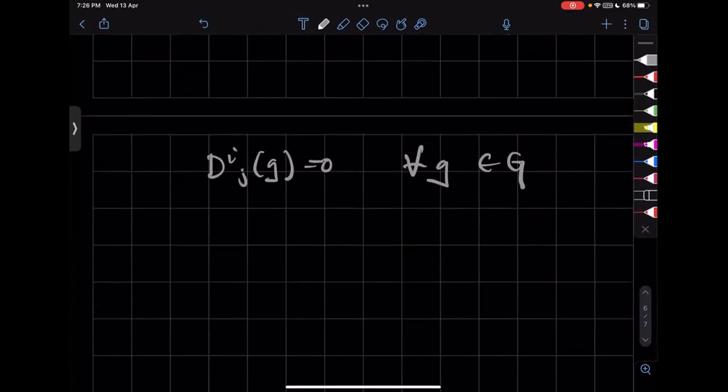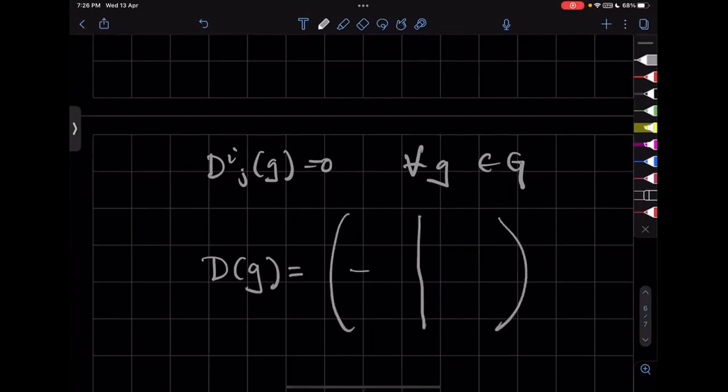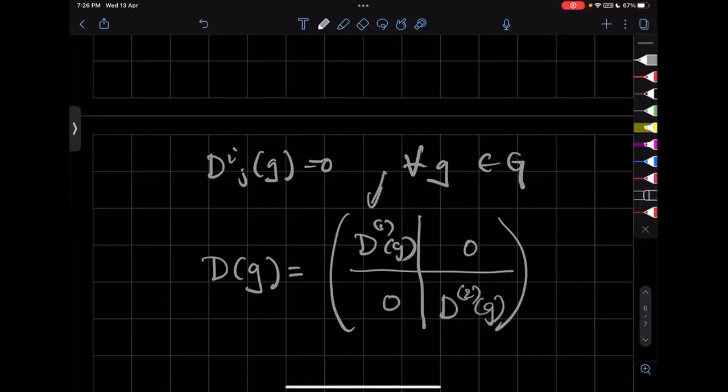So in that case, this is not an irreducible representation, because if I write a matrix in block diagonal form, and suppose there is an irreducible representation here and another irreducible representation here, then if these are 0 for all G, we are actually referring to these guys.